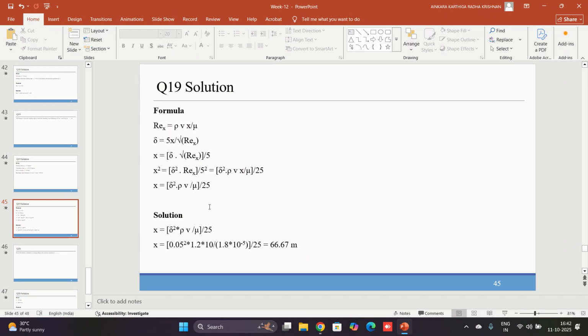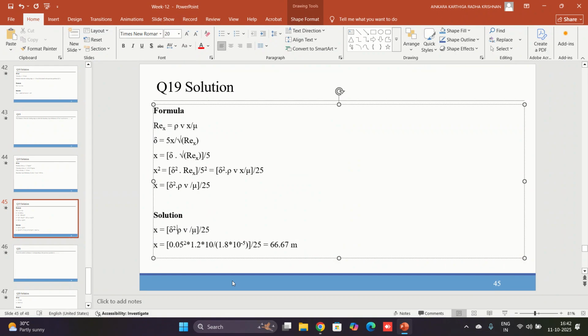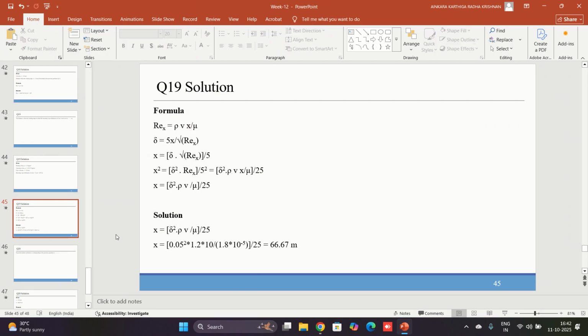So delta is 0.05 meters, and delta square is 0.05 square into 1.2 into v is 10, divided by 1.8 into 10 power minus 5, divided by 25. So it is 66.67 meters. So distance x from the leading edge at which the boundary layer thickness will be 5 centimeter is 66.67 meters.